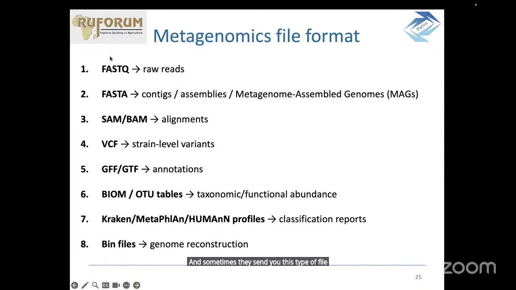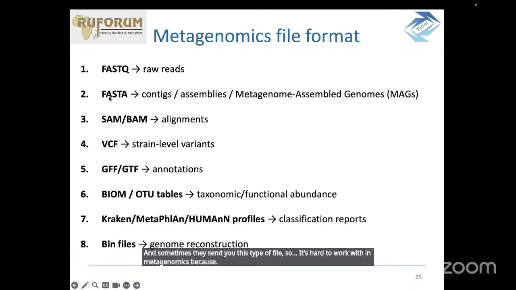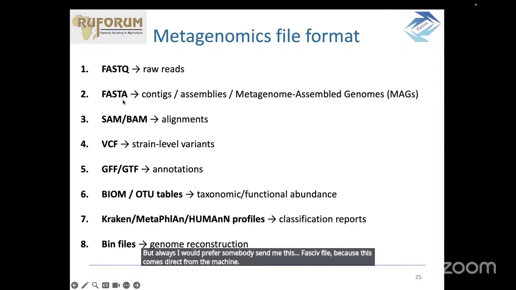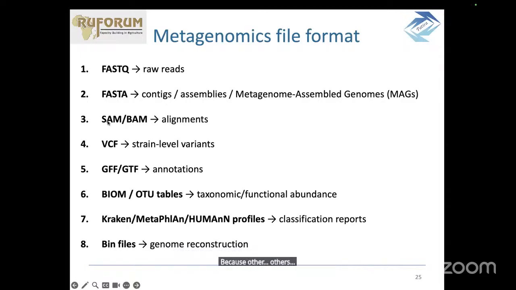So it's hard to work with in metagenomics because you have to be able to work with all these types of files. It depends on who is going to send you the data. But I would always prefer somebody send me the FASTQ file because this comes direct from the machine. Because the others from this one down mean somebody already did some work.